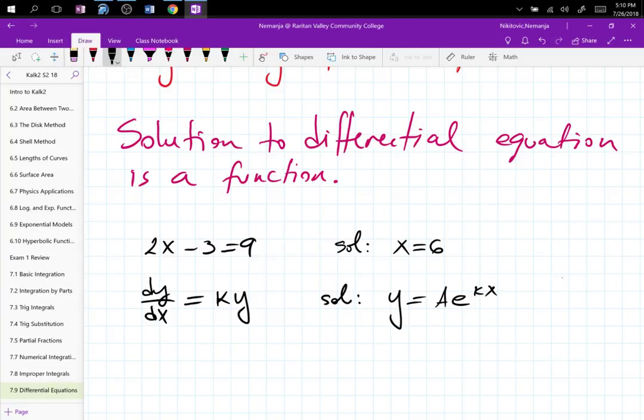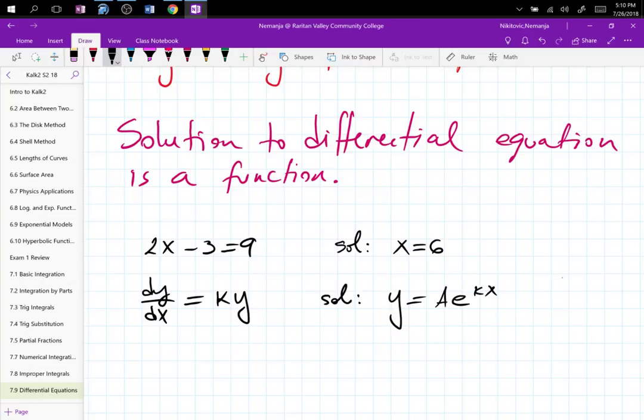So now you have an equation that contains the derivative, and when you solve that equation, on the other end you get a function. Now you can do the same thing to check what you used to do before. If you say, well, I haven't seen any work, really 6, I don't believe it, well, check it. You take this 6, you plug it here, 2 times 6 is 12, minus 3 is 9. Perfect, it works.